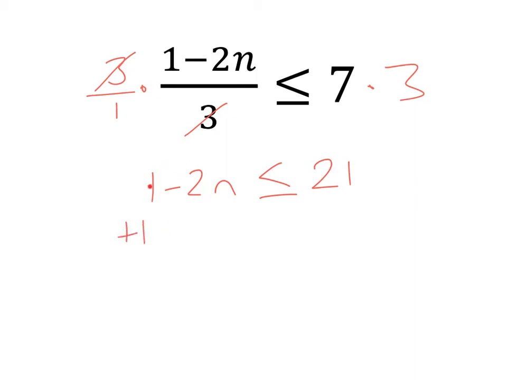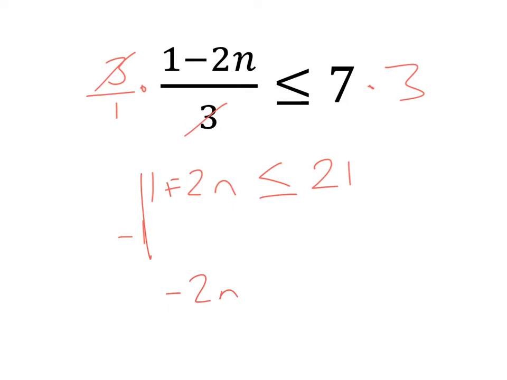The problem with that is, what's 1 plus 1? Well, it's not 0. To get this 1 to go away, I have to do 1 minus 1. That minus sign right here is for the 2n, not for the 1. You can think of this as adding negative 2n, right?